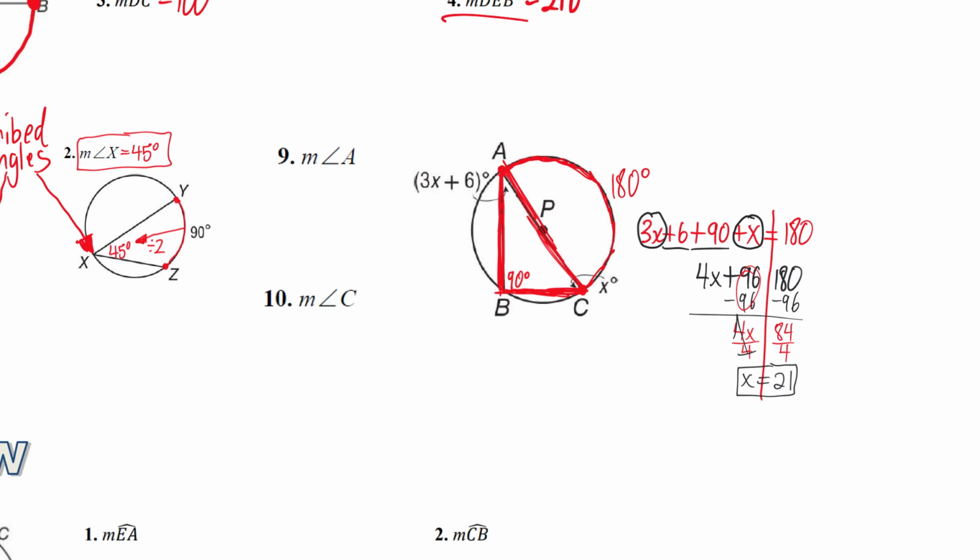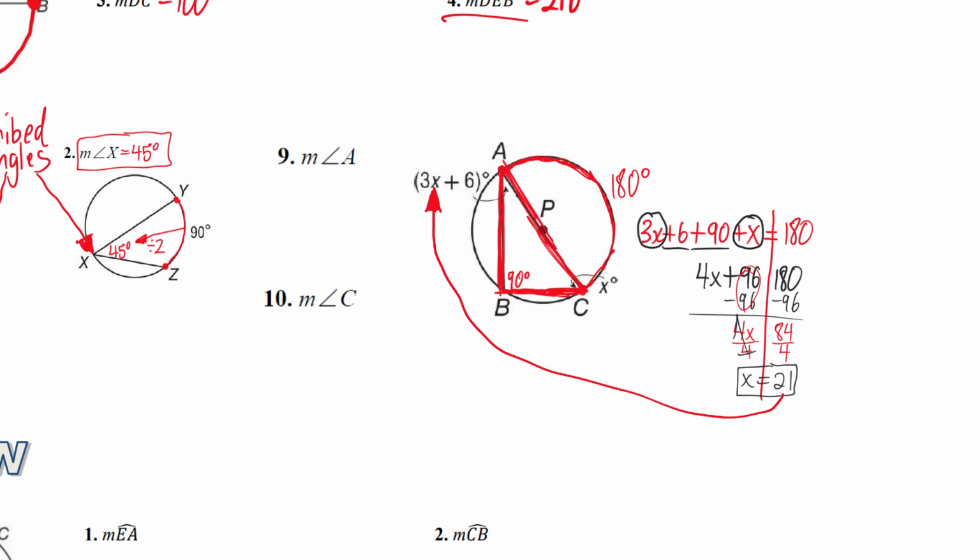Now I need x to finish this up real quick. Because up here it says, find the measurement of angle A. Well, angle A is 3x plus 6. Now I know what x is. I know x is 21. So I'm going to take that 21, I'm going to plug it in right there. So what is 3 times 21? 63.